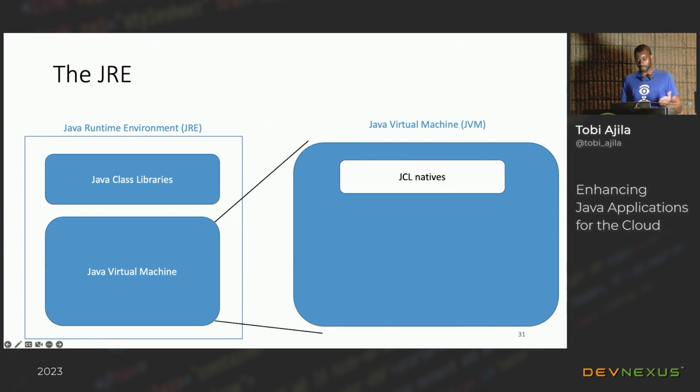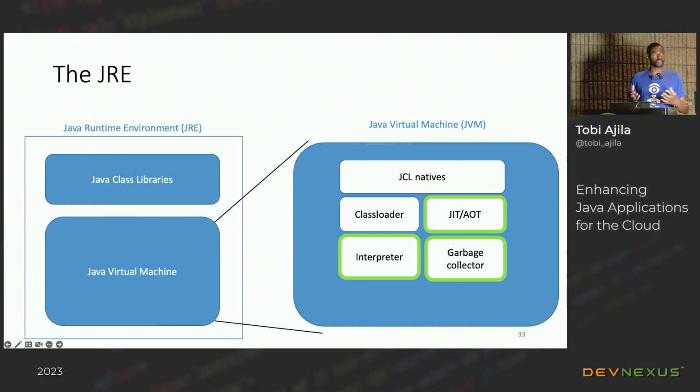And it's composed of natives. These offer the low-level system functionality that is required by the class libraries. Then you've got the class loader that loads the classes, links them, verifies them, etc. Then you have the interpreter responsible for executing the bytecodes, the JIT that dynamically compiles the bytecodes into machine code, and the GC, which is basically the memory manager responsible for memory allocations and recycling memory.